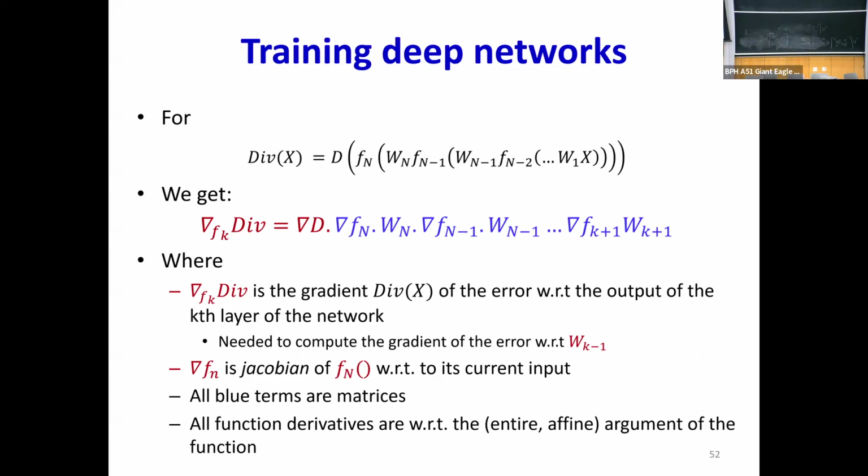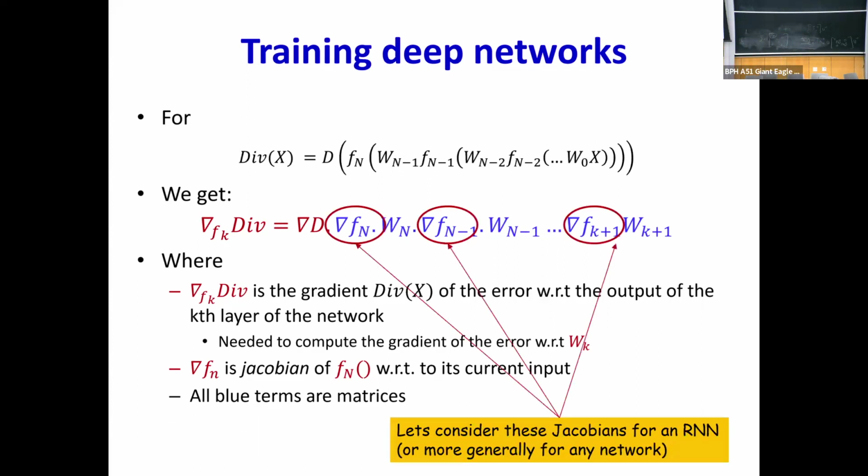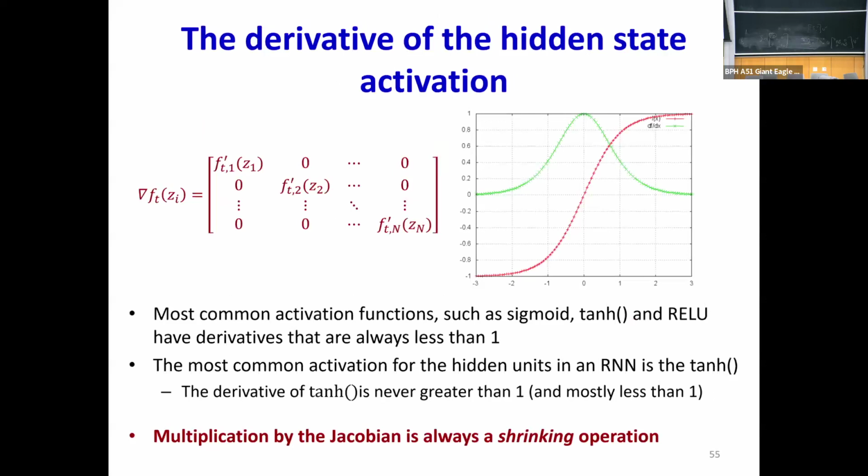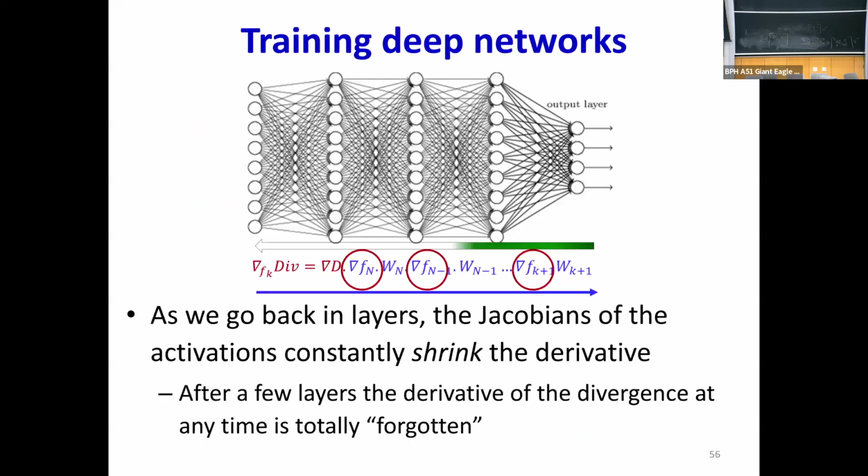And so, these are all Jacobians. Jacobians have this form. If you look at typical activation functions, the largest value of the derivative is going to be 1. Typically, it's going to be less than 1, which means that as we go back in the layers, these Jacobians will shrink the vector progressively.